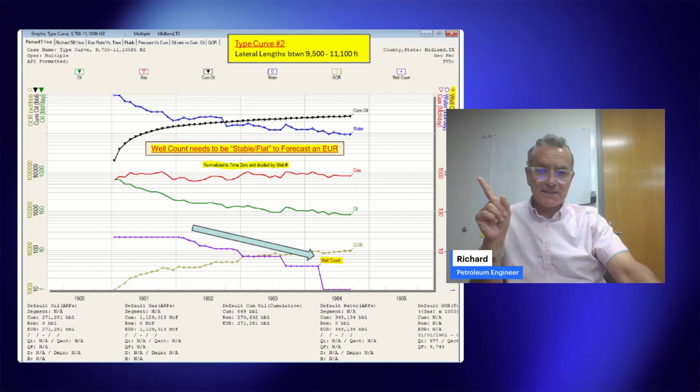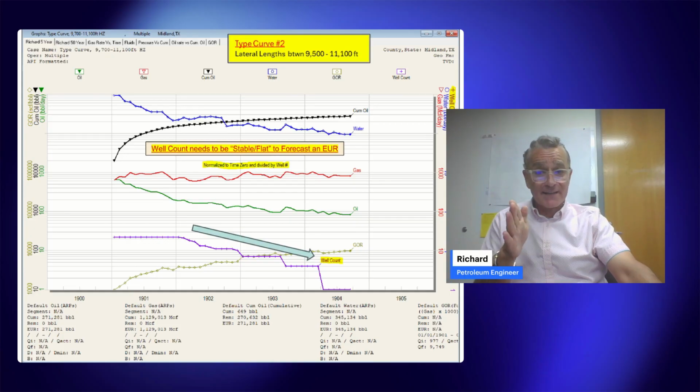As you can clearly see, I've highlighted it here because I've removed the cumulative gas curve and instead added the well count curve. You can see that from a normalized basis, there is approximately 14 months, and I know this answer because you're going to see it here in more detail, in which I've got 22 well bores. And then as I go through time, my well count goes all the way down to 1.